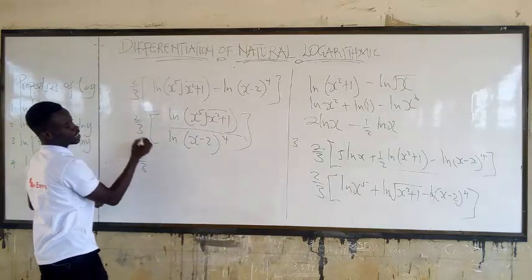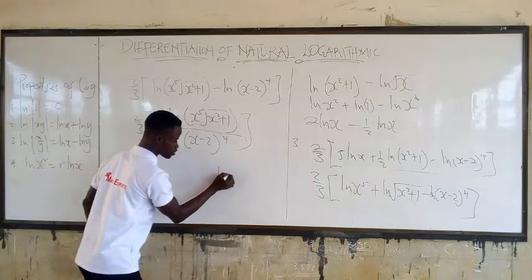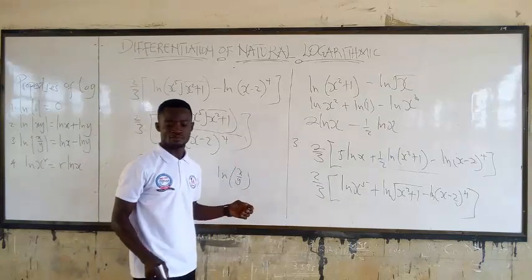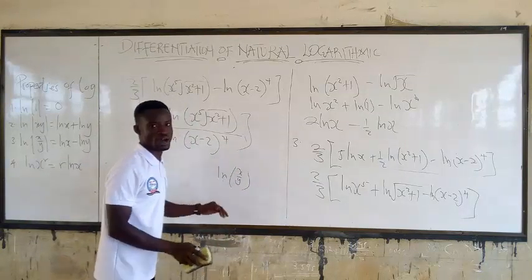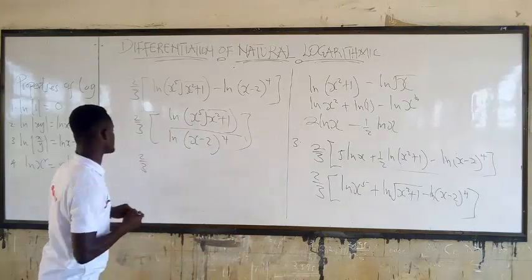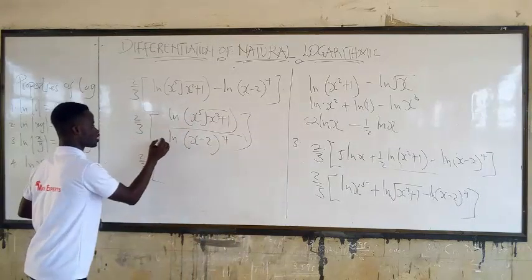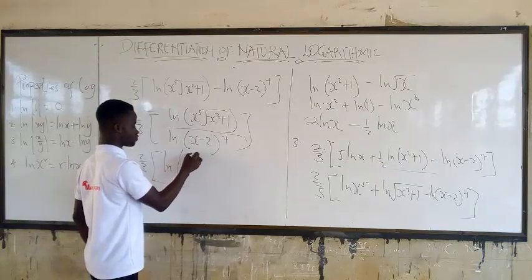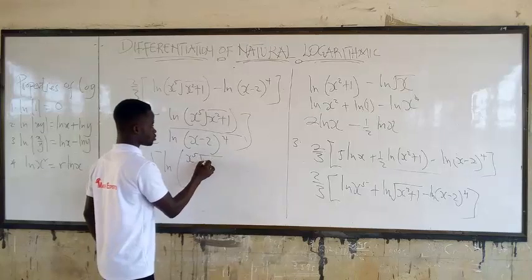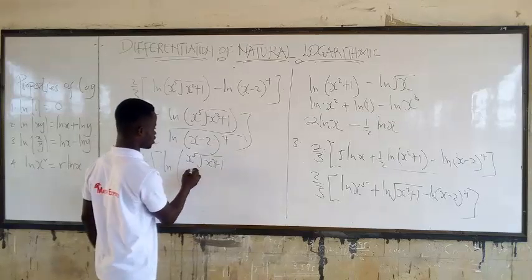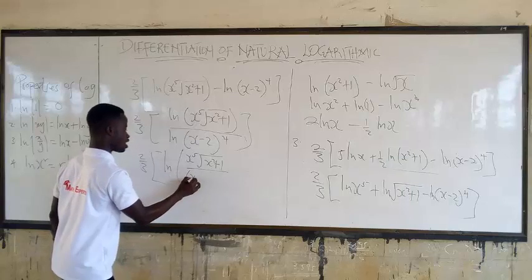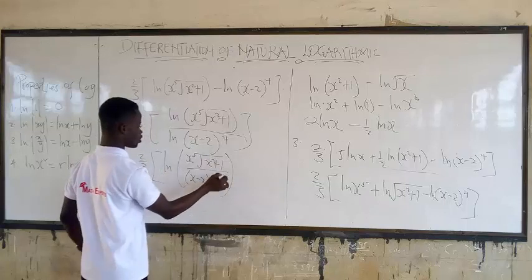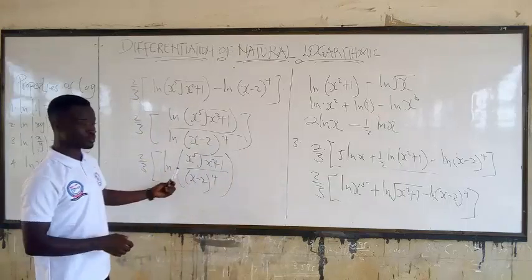Because we can write ln x minus ln y as ln of x over y. Then we can write this in a combination form like ln of x to the power 5 times the square root of x squared plus 1, all this over x minus 2 to the power 4. Alright, so we can get something like this.